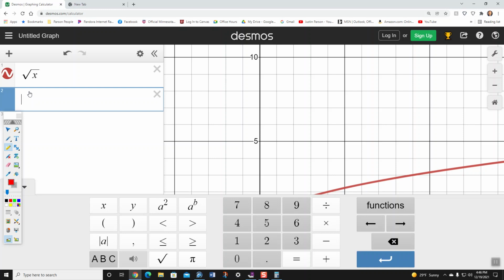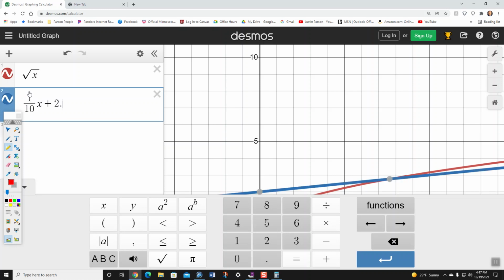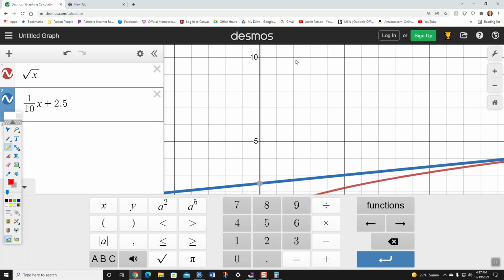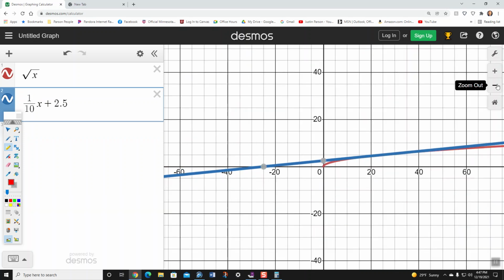Our tangent line approximation was 1/10 x plus 2.5. If I zoom out on this, get to 25, and click the two graphs right here, I hope they tell me where they intersect. I think they do. Maybe they won't. Let me change this real quickly so we can see this better.